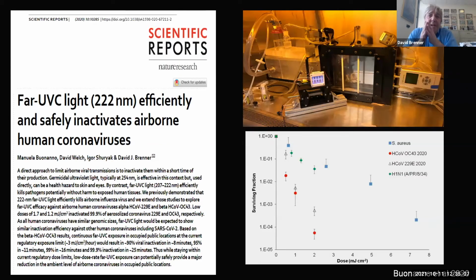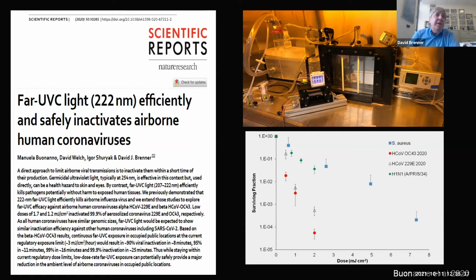So coming to the studies that we did on characterizing the efficacy of Far-UVC for killing airborne human coronaviruses. We use this setup on the top right here. Essentially, we generated aerosolized human coronaviruses. We used two different ones called here OC43 and 229E.